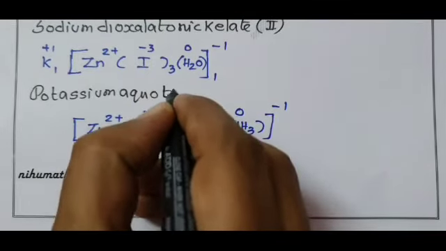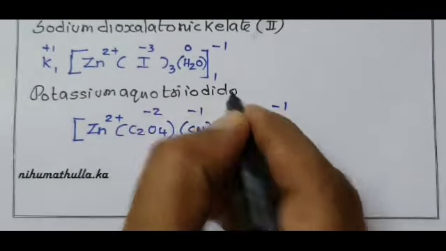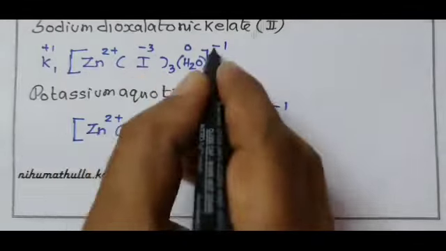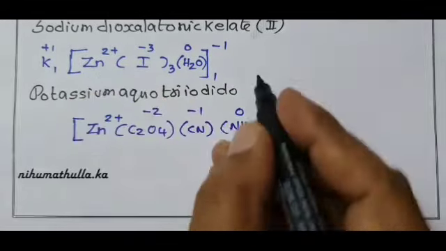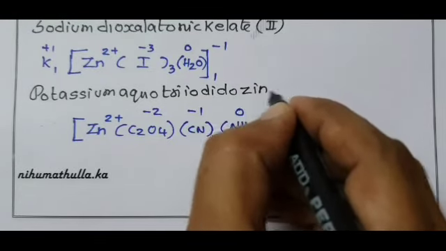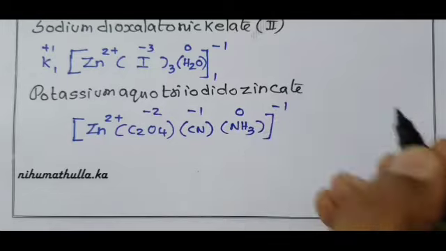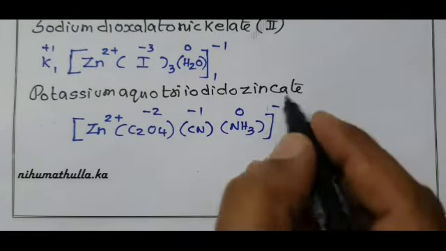Tri iodido, triiodido. Negative complex, anionic complex. Our central metal ion is zinc. Actual name is zinc, name ends with ate, zincate. Because it is an anionic complex. In an anionic complex, the central metal ion name ends with ate.